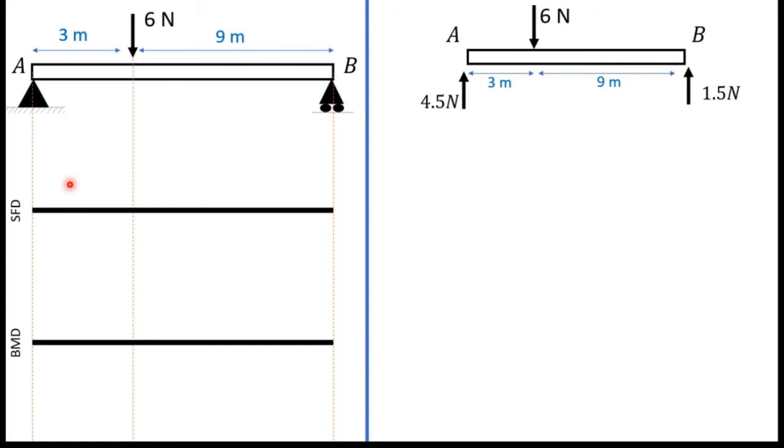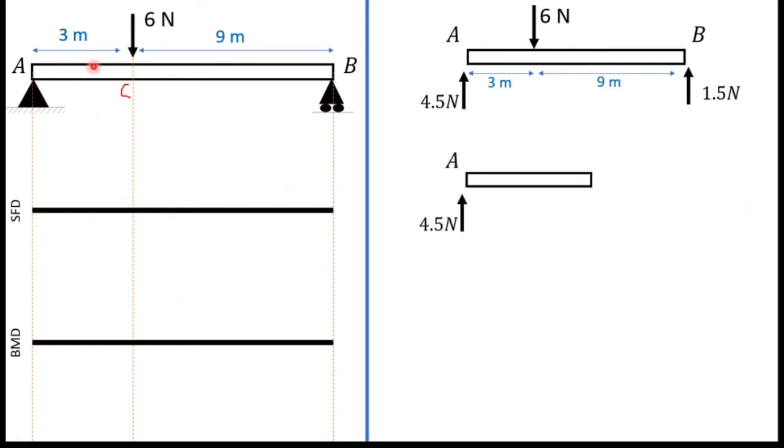So our diagrams will be drawn in these areas. If I mark here as C, for the AC part I will draw the shear force diagram here and the bending moment diagram here. For the CB part I will draw the shear force diagram here and the bending moment diagram here.